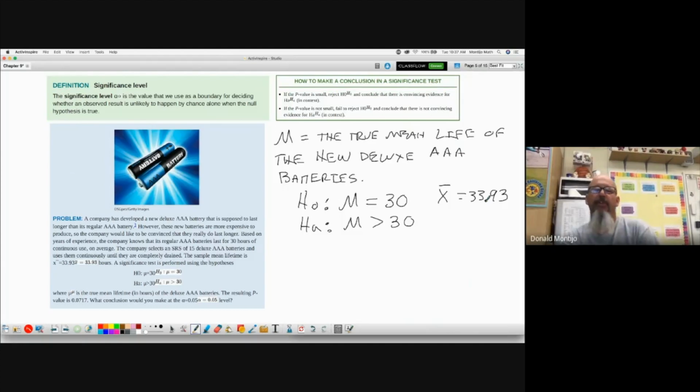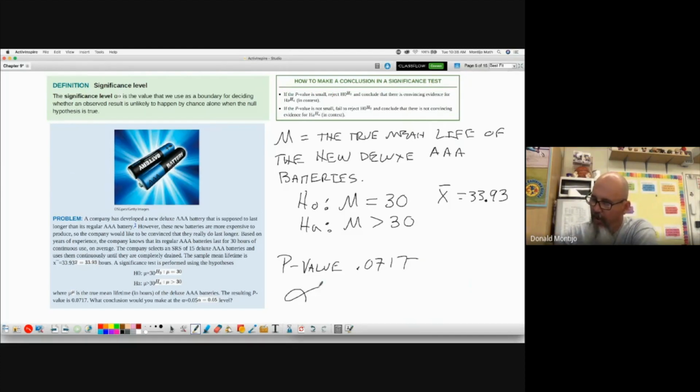Well, we have to go through the process of calculating the p-value. And then remember, we can compare the p-value to the significance level or the alpha level. So in this problem, they've done all the work for us already, and they have a p-value of 0.0717. What conclusion would we come to based on an alpha level of 0.05?